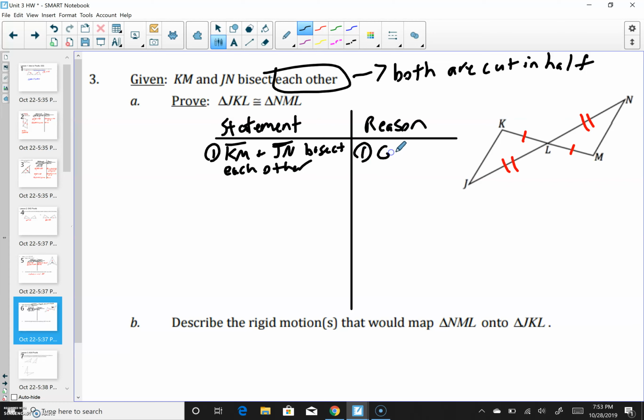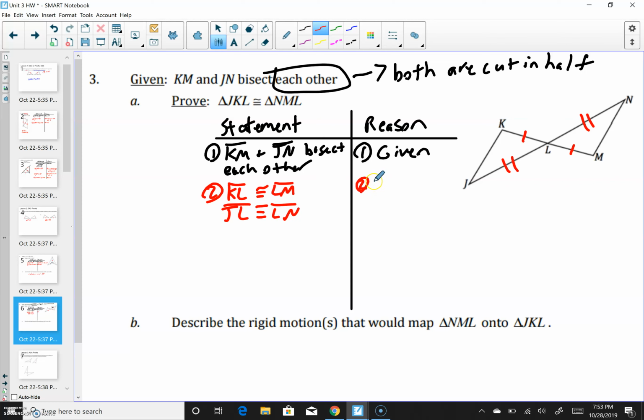I forgot my reason for the first one: given. Since they both are based off the same reason about bisects, we can put them in the same step. So KL is congruent to LM, and in the same step, JL is congruent to LN.